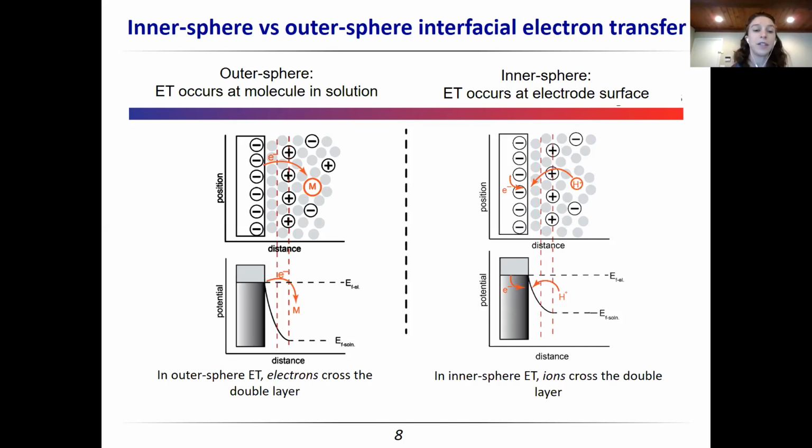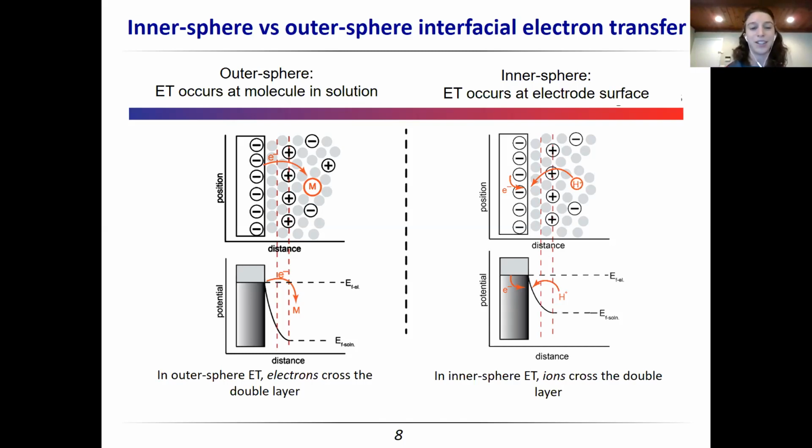So even to do the same outer sphere reaction, let's go back to ferrocyanide, this iron 2-3 couple that we were looking at earlier. If I were doing that reaction in solution and I used a carbon electrode versus a silver electrode versus a gold electrode, then actually the potential drop across the double layer would be different in all three of those cases because they all three have different work functions.